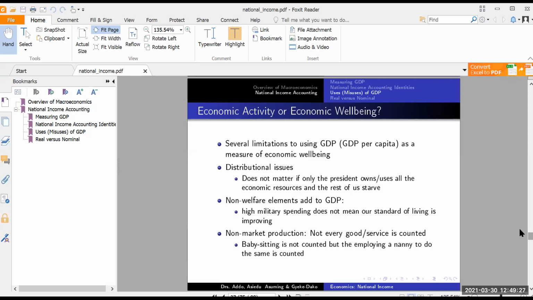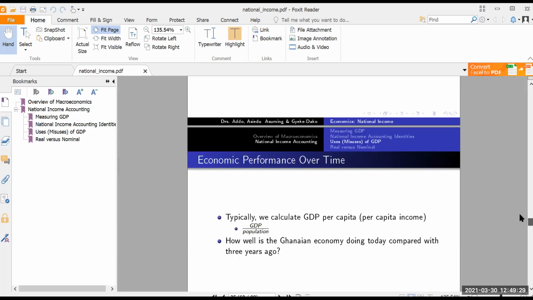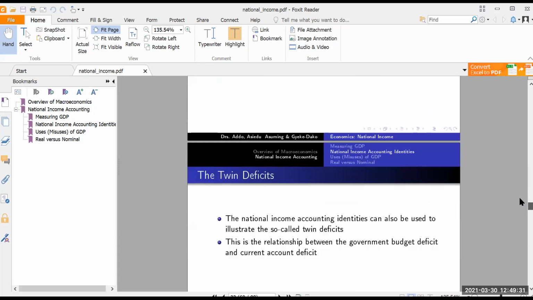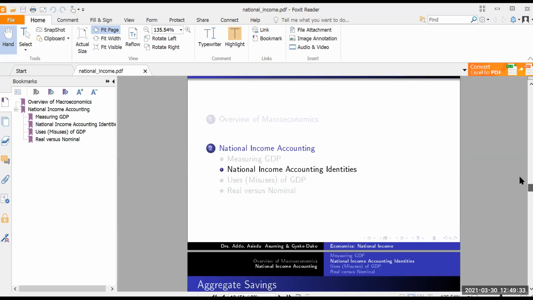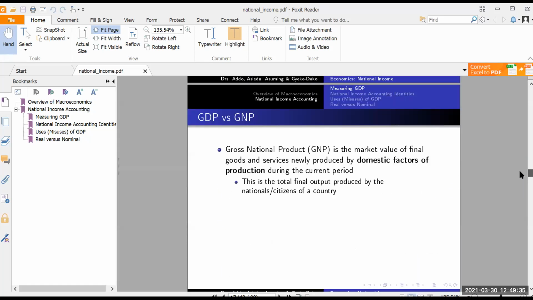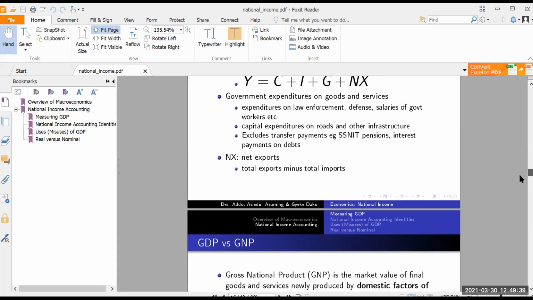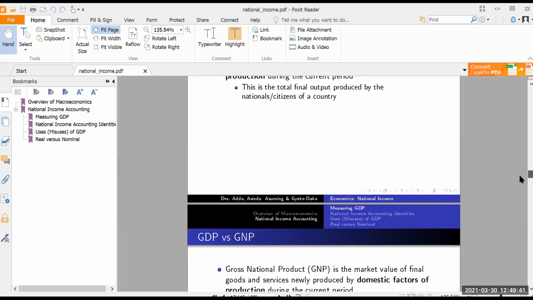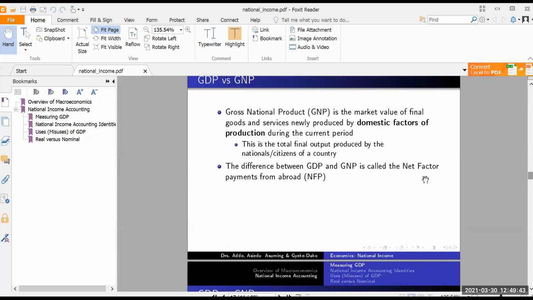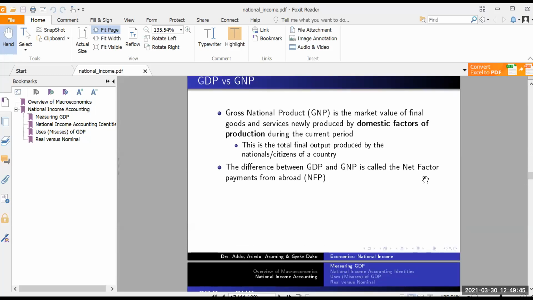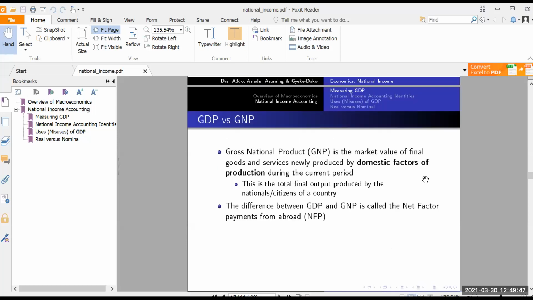Then the next one where we stopped was GDP versus GNP. Yes. People are relieved. Okay, that's good. So we will start from here.